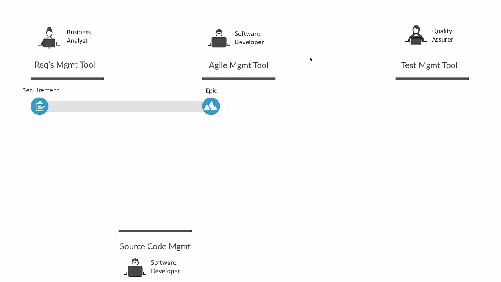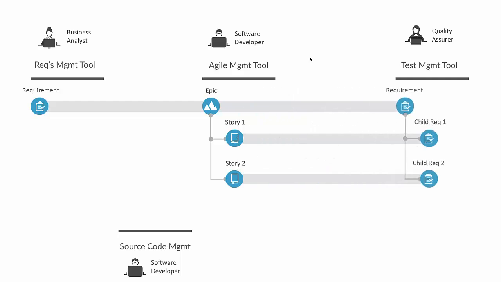And the software developer can then break down the epic into stories. And then with value stream automation, we automatically flow that information over into the test management tool. And then in the source code management tool, of course, you actually code.